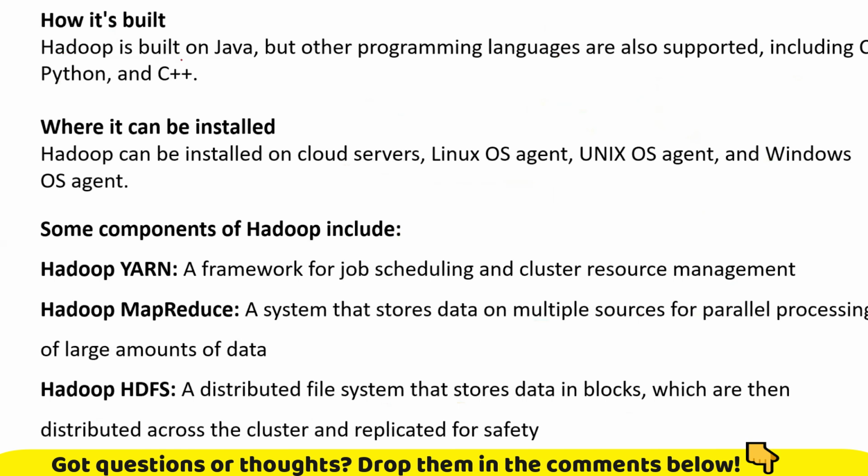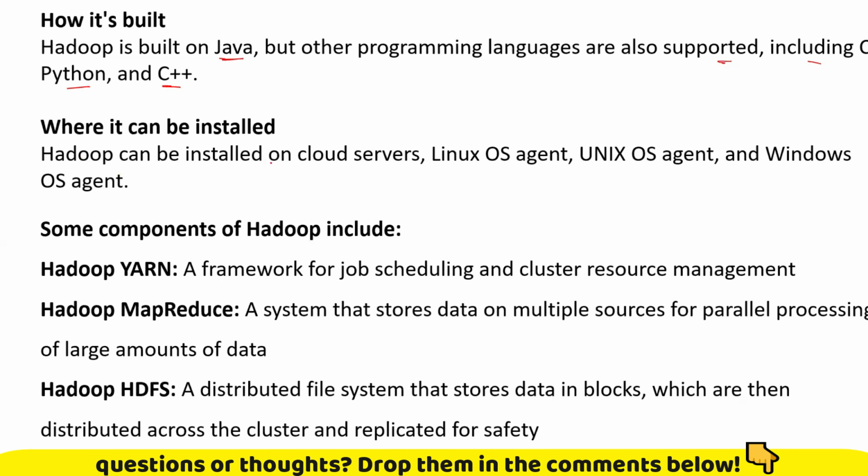Hadoop is built on Java basically, but other programming languages also support it, including C, Python, and C++. So the platform is built on Java, but it does support C, Python, and C++. And where can it be installed?